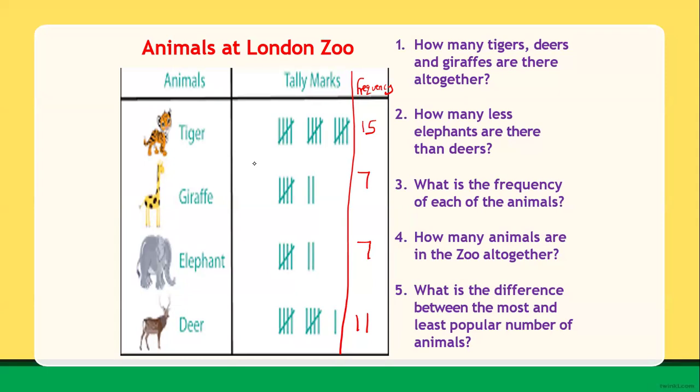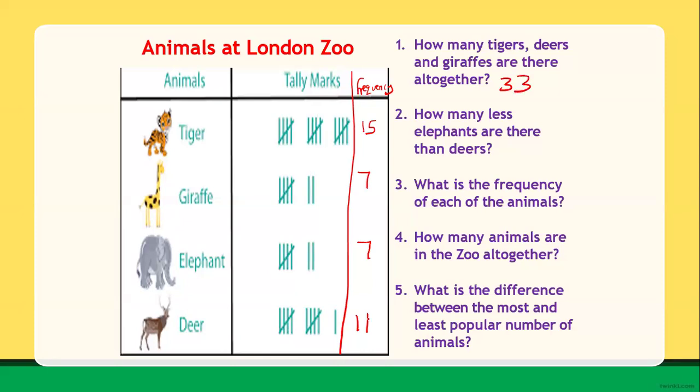Oh, I think Jude, you have a challenge. Emil? Yes, number 1, the total is 33 animals. Okay, thank you.